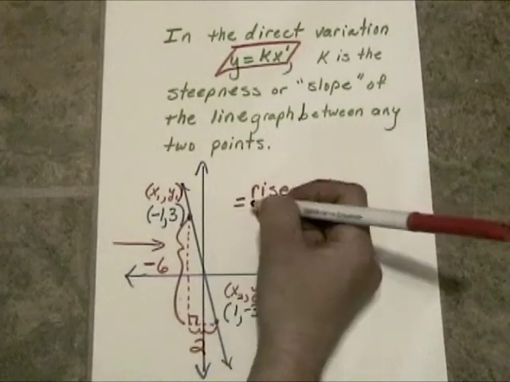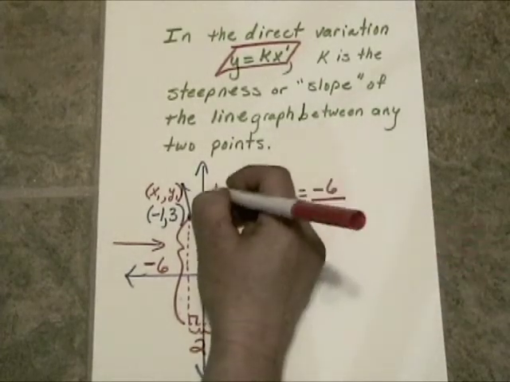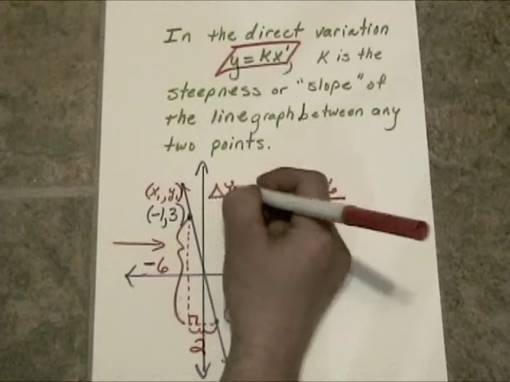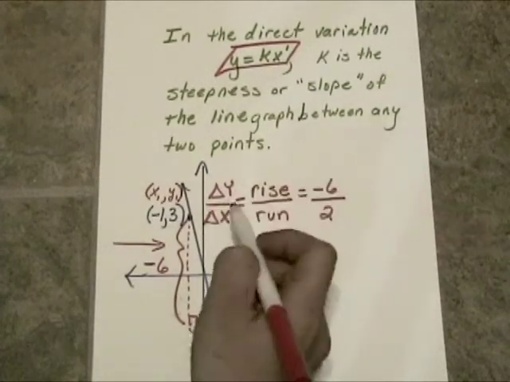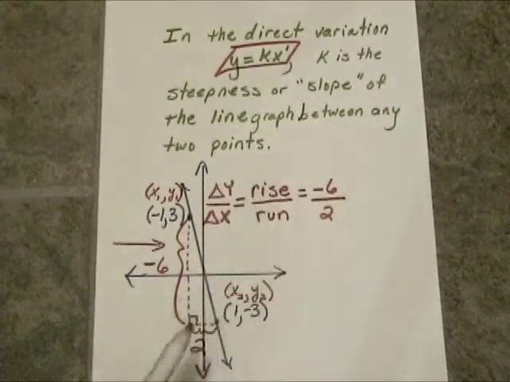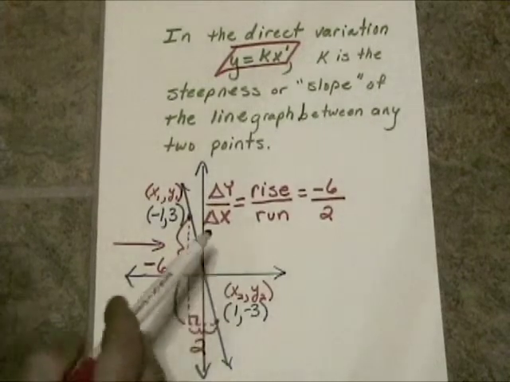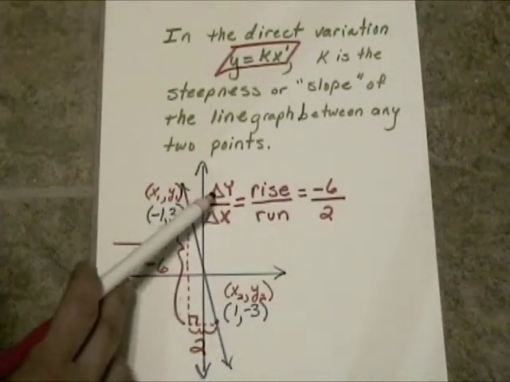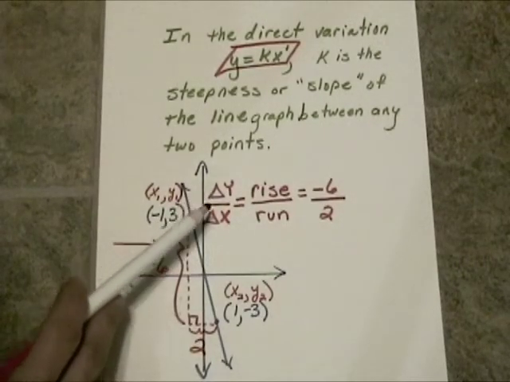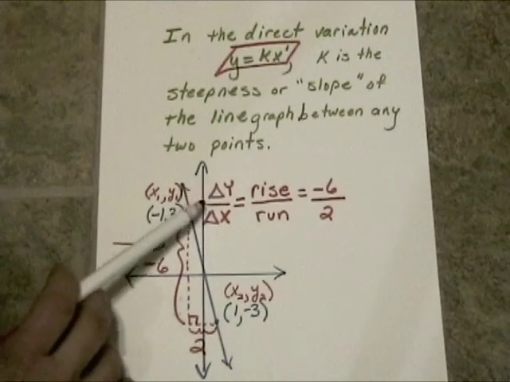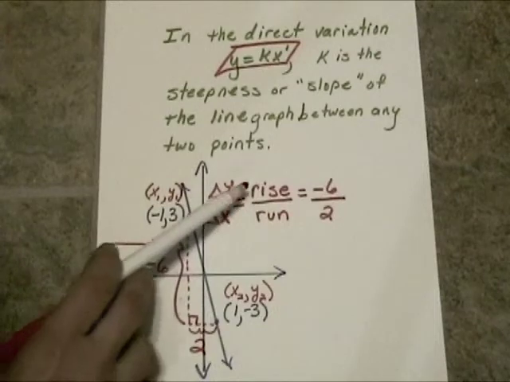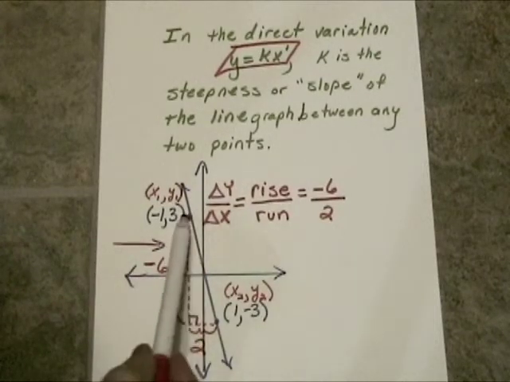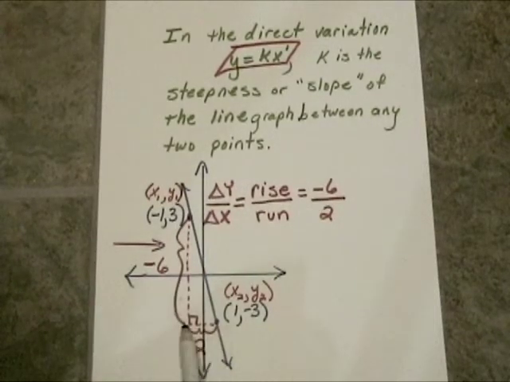A little bit more formally, we sometimes call that the change in y over the change in x. This triangle is a symbol in mathematics. It's a Greek letter known as delta, and in mathematics, delta means the change in. So delta y over delta x is the change in y over the change in x, or more commonly referred to as rise over run.